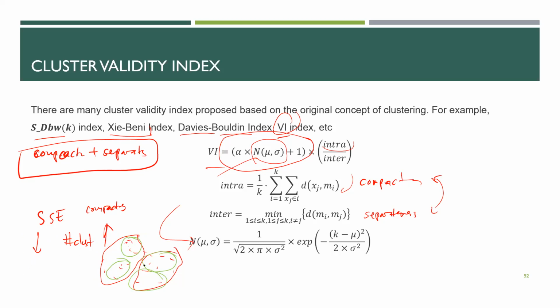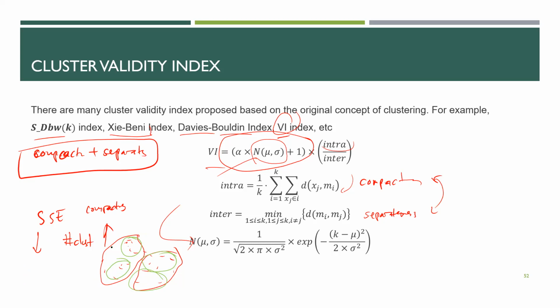But if we divide it into too many clusters, the interpretation will not be good, because the clusters are too small. It's just the same as not making a clustering.